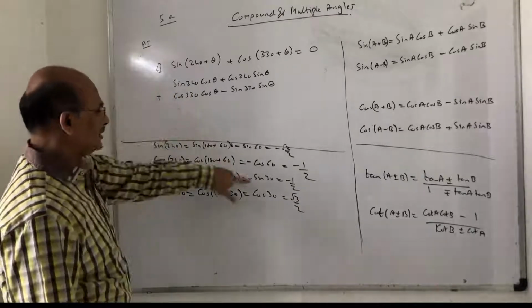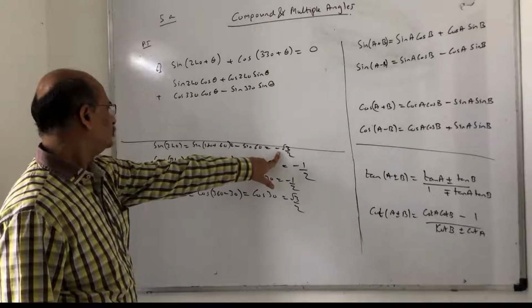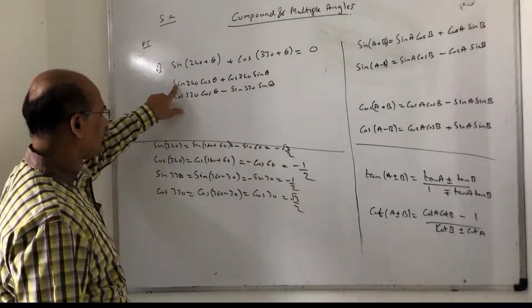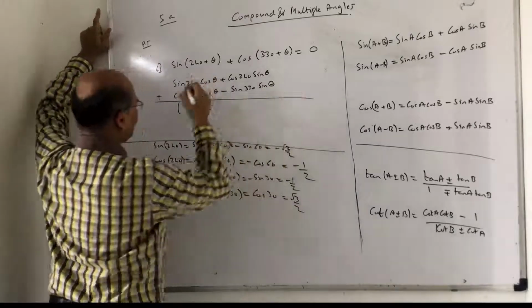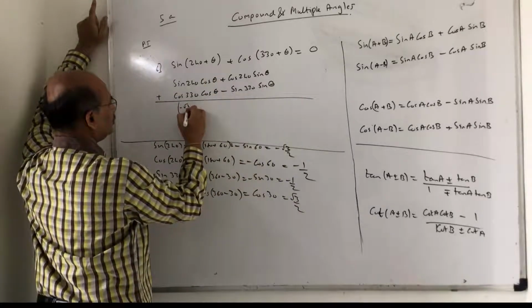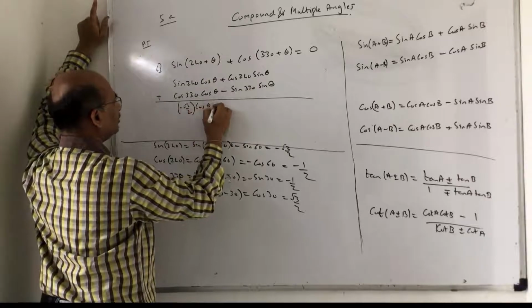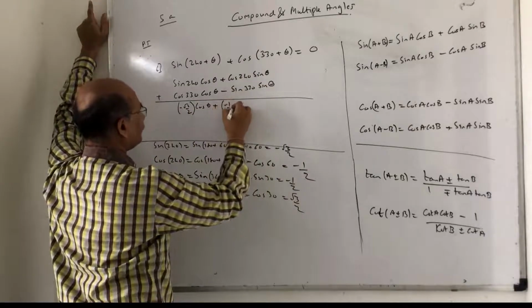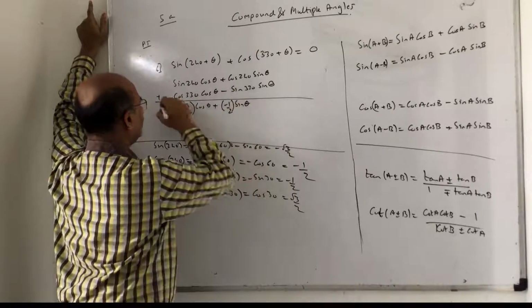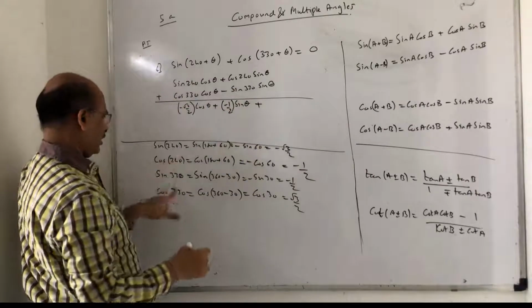So basically what happened, just see, minus cos 240. Now sin 240 is minus root 3 upon 2. I am putting the values here. Minus root 3 upon 2 cos theta, plus cos 240 is minus half into sin theta, plus cos 330.